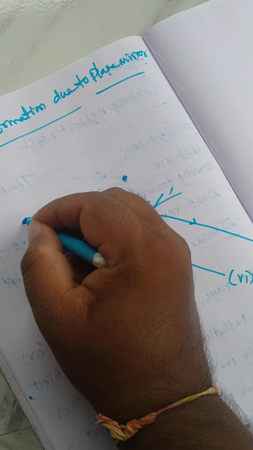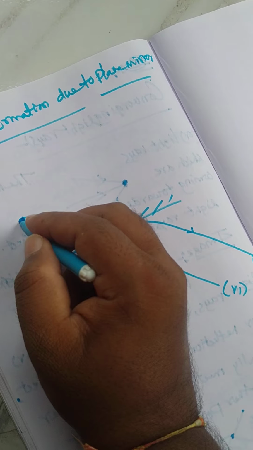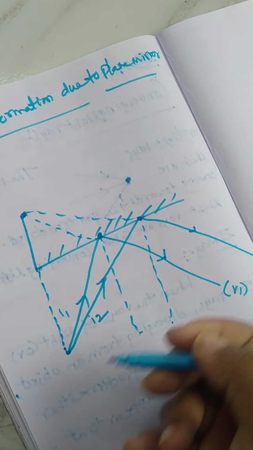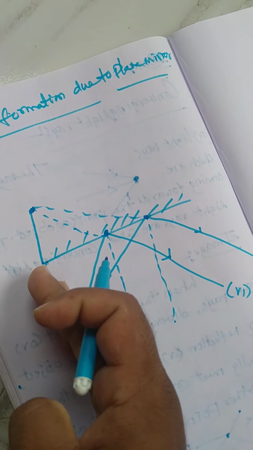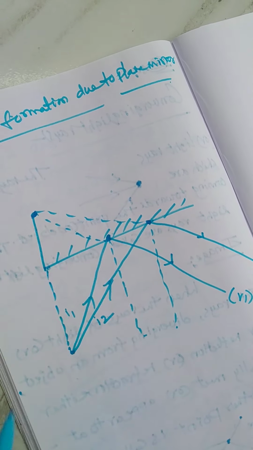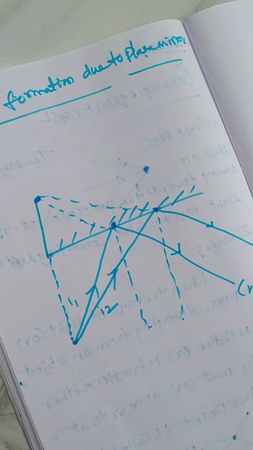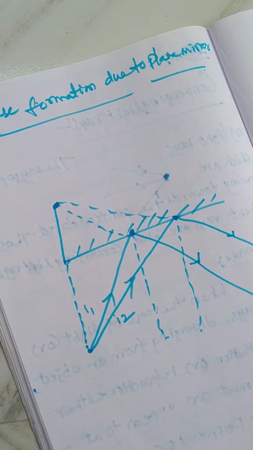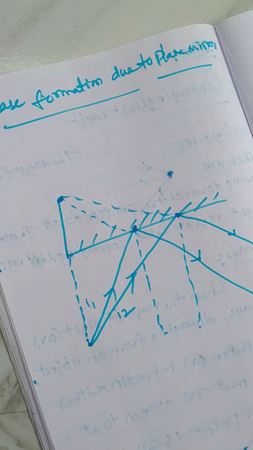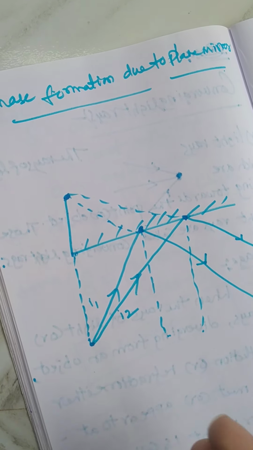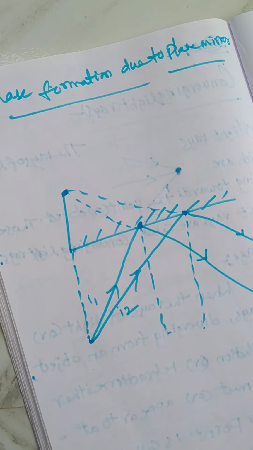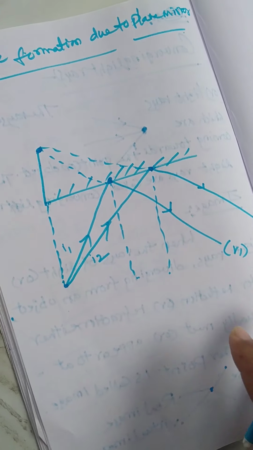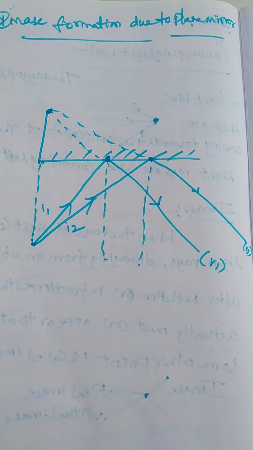From this I concluded that the size of the object and image are the same, and the image is erect and upright. This image is a virtual image. Why? Because real images can easily be caught on a screen, but virtual images cannot be caught on a screen. So this is about image formation due to a plane mirror, dear students.